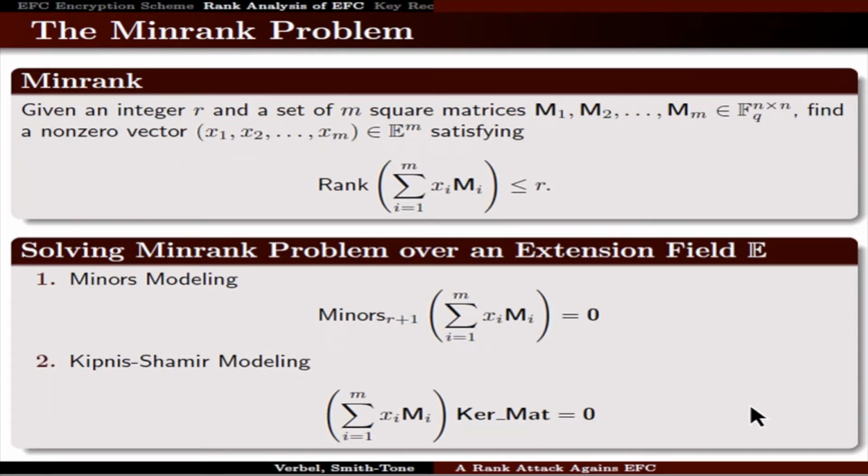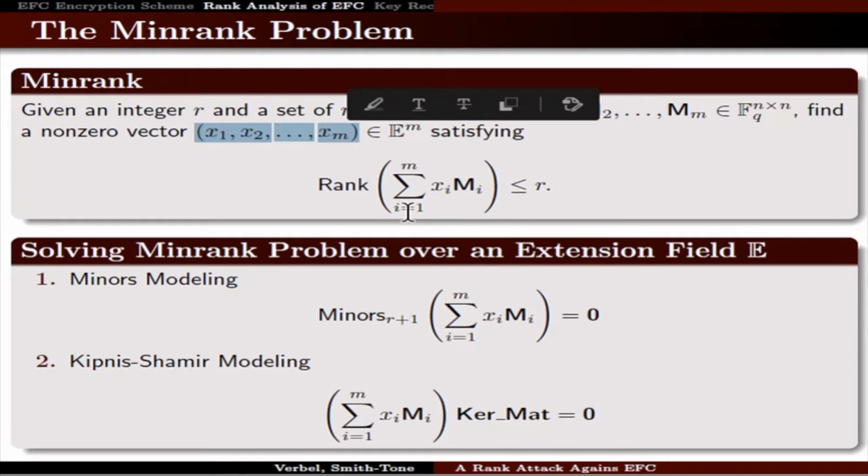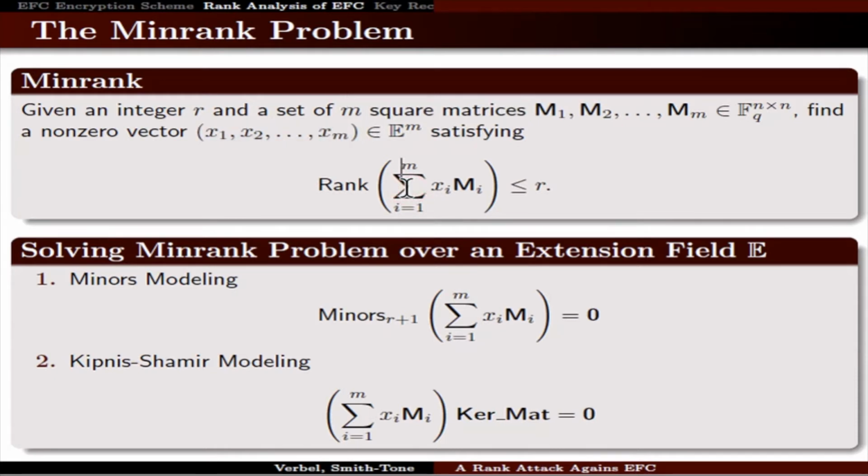So the way we start the attack is by solving an instance of a problem called the MinRank problem. And the MinRank problem is just this problem. You are given a set of n matrices and an integer r, and what you have to do is find coefficients such that the rank of the linear combination is less than r.